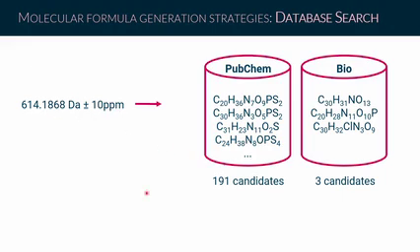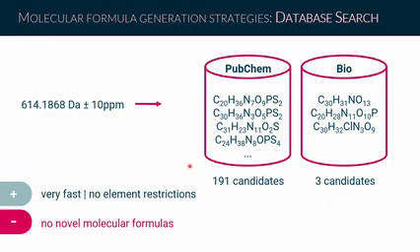For PubChem, for our example, this would be 191 candidates, and for the combined bio database, it would be just 3. So this is extremely fast. You don't have to care about elements because they are given by the database. But the problem is you will never find a novel formula. So as soon as you are dealing with a truly novel candidate, this will not help you.